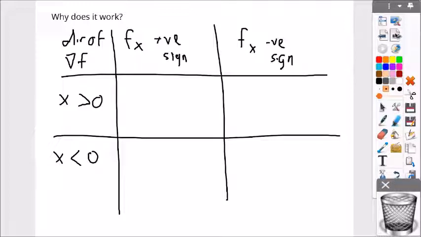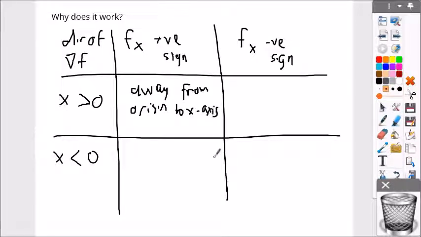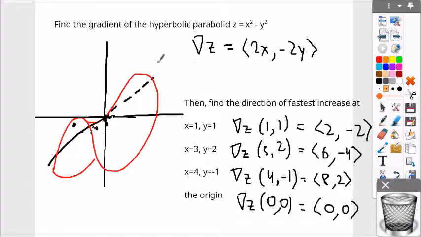So if we're increasing when x is greater than 0, what we want is to go in the direction where it's increasing. So it's going to go away from the origin along the x-axis, which in this case, yes, it does.